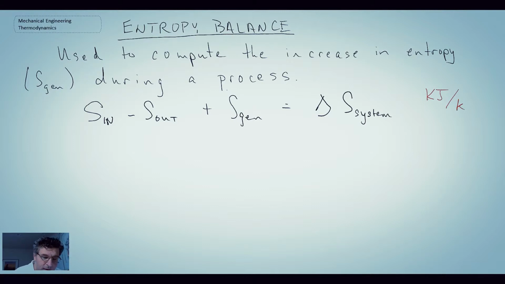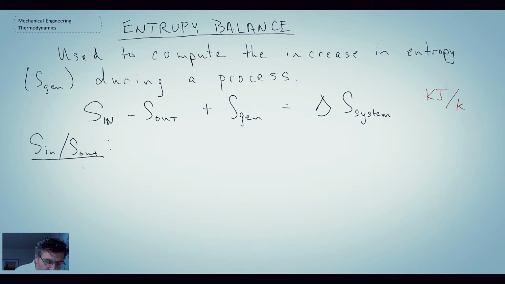So let's take a look at the mechanisms by which entropy can be coming into or leaving our system. There are two main mechanisms. One is heat transfer and the other is mass transfer coming into or leaving our system.